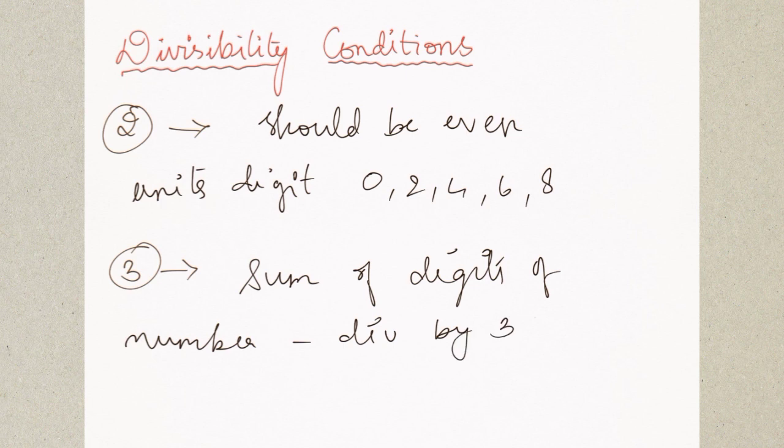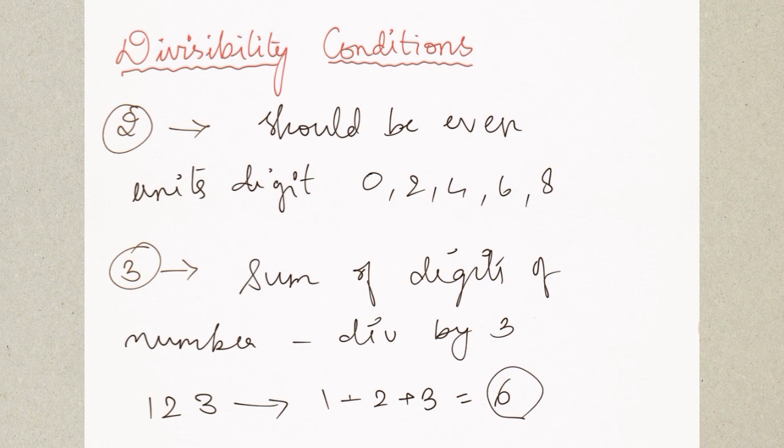Now if I give a number, let me give the number 123. I want to know whether this number is divisible by 3 or not. How do I get to know? Add the digits of the number: 1 plus 2 plus 3. 1 plus 2 is 3, 3 plus 3 is 6. 6 is divisible by 3, so this number is divisible by 3. That's it. Understood? Simple matter.